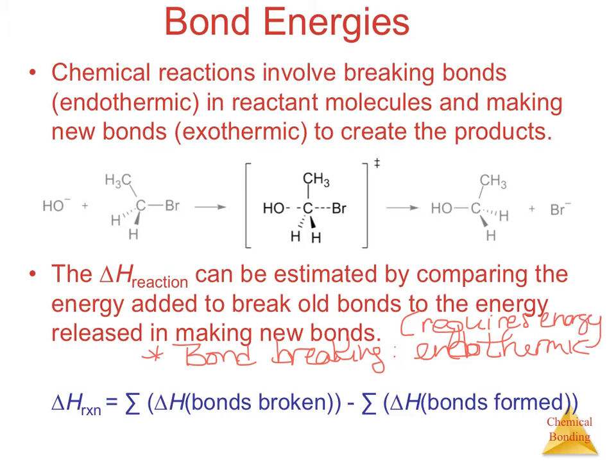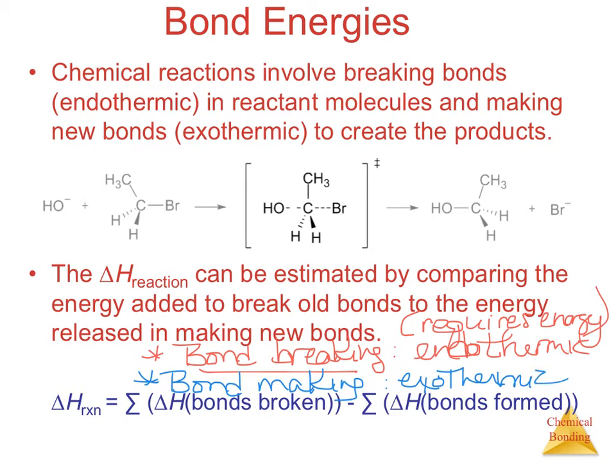If you wanted to smash up something, you'd get a hammer and you'd have to put energy into it to break it. Same thing with bonds. Bond making, when you make a new bond, is always exothermic. Otherwise it won't happen. So anytime two atoms decide to bond, they do so because it's energetically favorable. It's exothermic. So remember, that's really important.